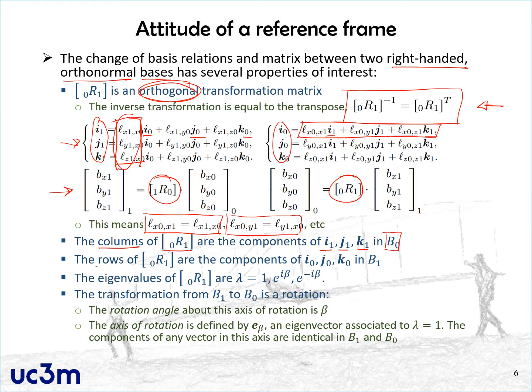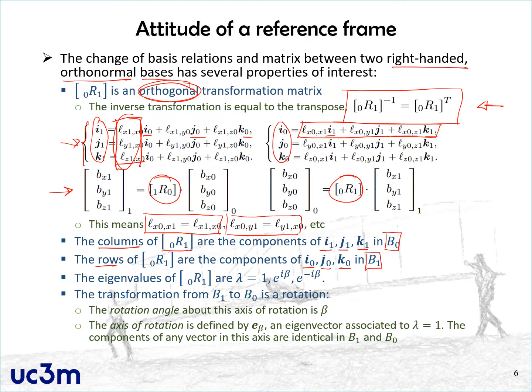And similarly, the rows of that matrix are the components of I0, J0, and K0 in B1. Okay, so constructing these matrices is very simple, it's very straightforward. You just need to have the vector transformations here. Of course, it's the same information.